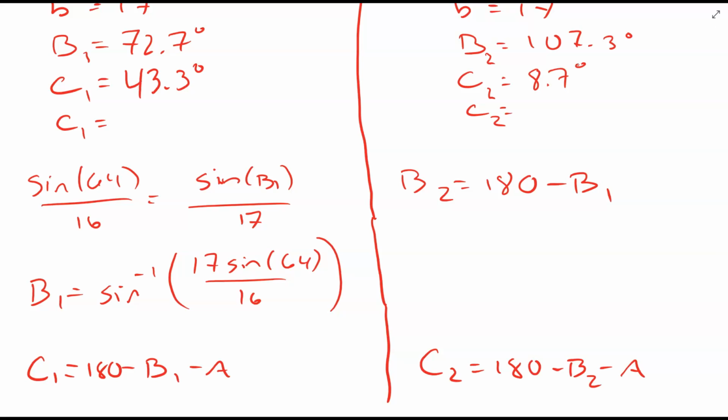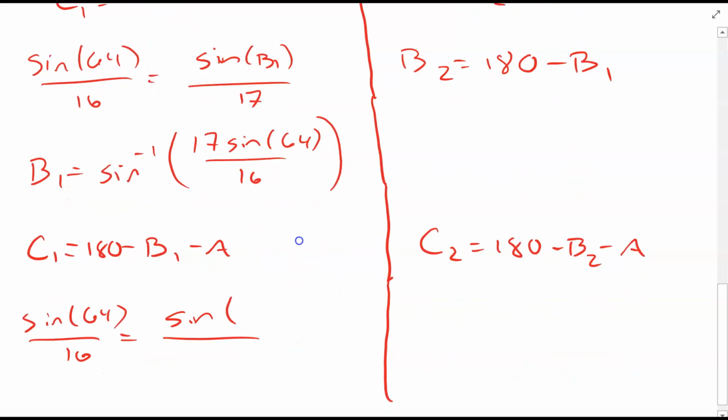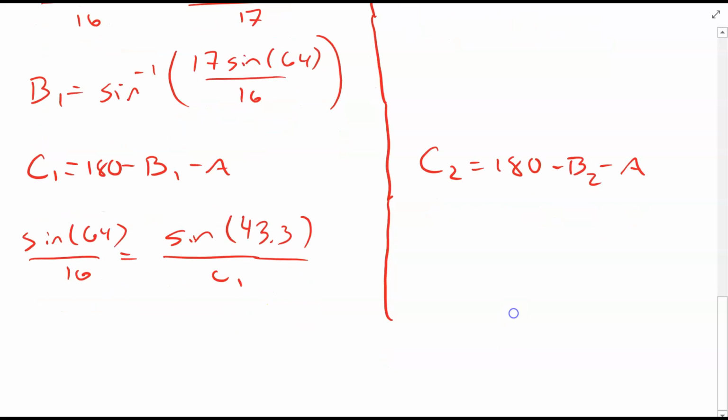The last thing I need to do is solve for side C. To do that, I'm going to use the law of sines again. So I'm going to do sine of A over A equals sine C over C. And the angle C here is 43.3. So if I cross multiply and divide, I have 16 sine 43.3 over sine 64.